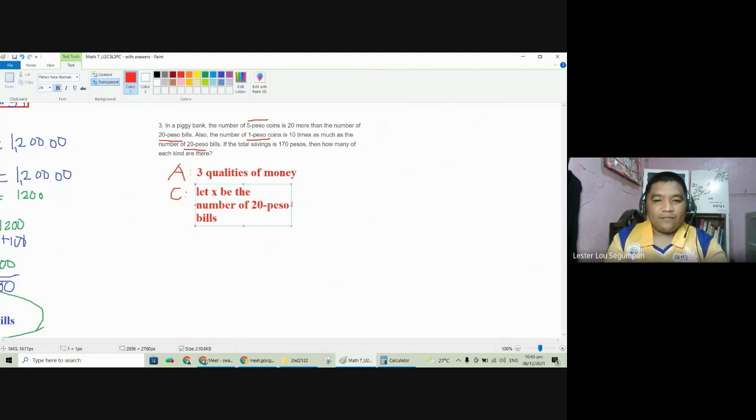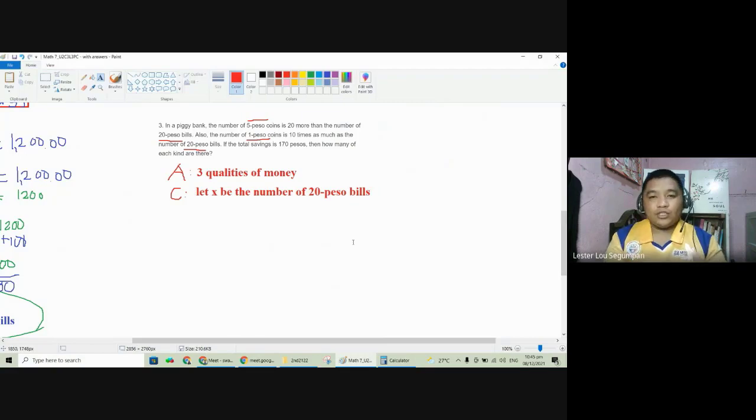Why? Because if you have x for the number of 20 peso bills, you can now assume the representation in symbolic form for the number of 5 peso coins because they are connected, and the 1 peso coins because they are connected. You can still use x for the 1 peso coins, but you're going to relate one to the other and to the other as well.